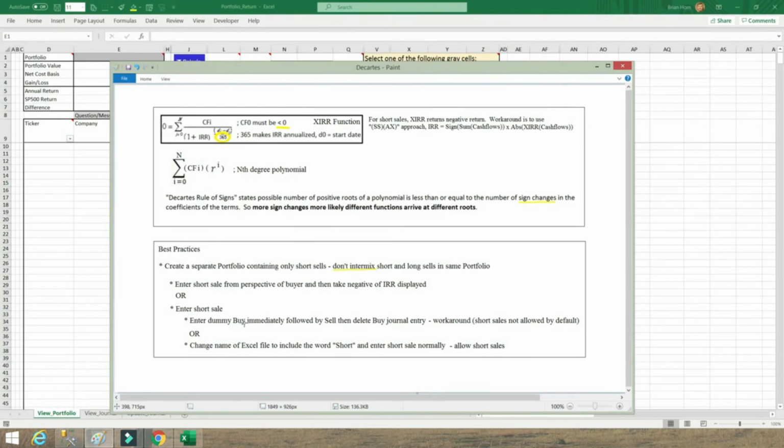What you're left with is just the sell, and then you can go on and do the eventual buys to close out the position at a later time. So again, enter a dummy buy followed by a sell, and then delete that dummy buy.